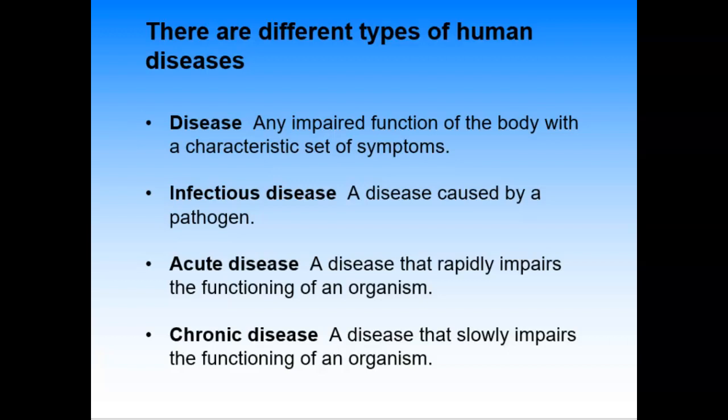An infectious disease is one that is going to be caused by a pathogen, and it can have an acute type of response, meaning that the symptoms are fast approaching and they are rapidly impacting the functioning skills of an organism. A chronic disease is one that is going to be long-term, and it will slowly impair the functioning of an organism.